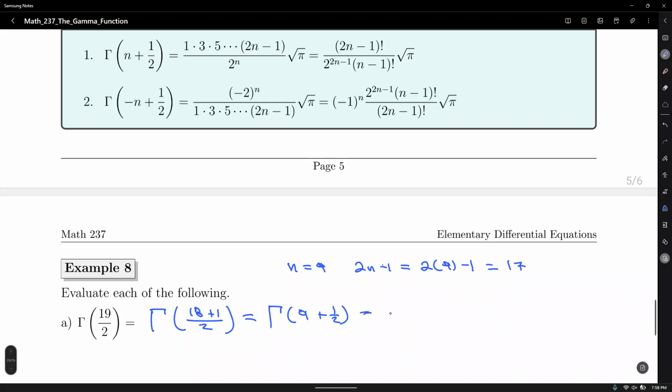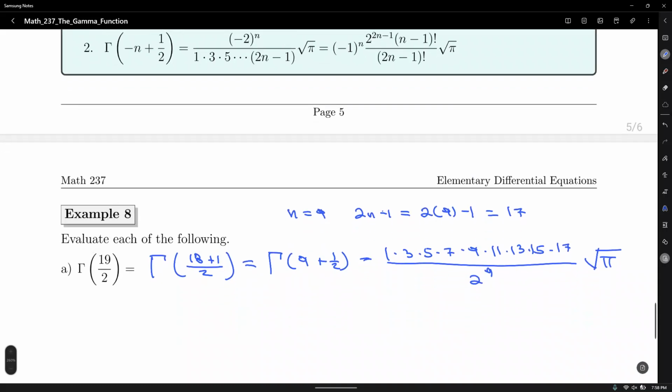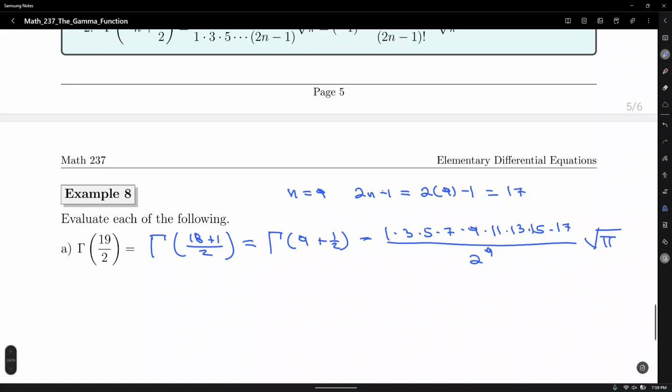So this will be 1 times 3 times 5 times 7 times 9 times 11 times 13 times 15 times 17 over 2 to the n, which is 2 to the 9th power, times the square root of pi. Although we could leave the result like this, if we try to compute the numbers, that's going to give us a really big number.